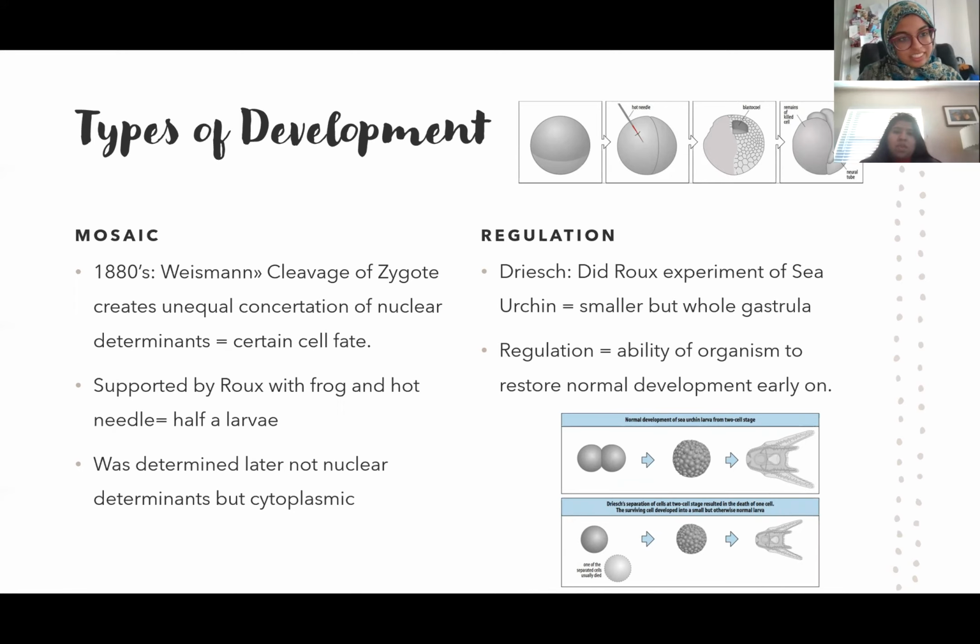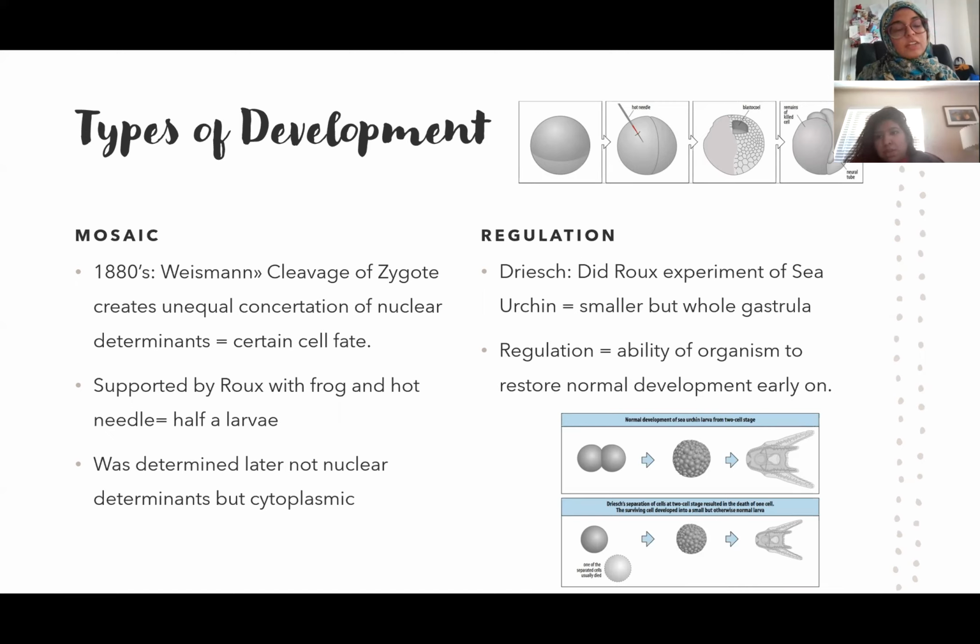Okay, my question now is, when it says the ability of an organism to restore normal development early on, are the larvae and the sea urchin at different points in life? Can the larvae restore normal development early on, or is that just for the sea urchins?